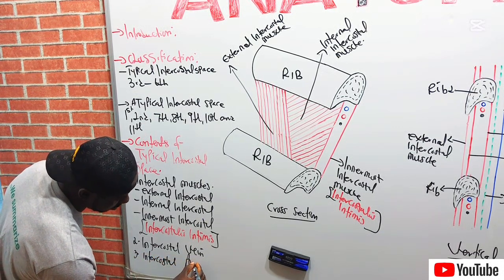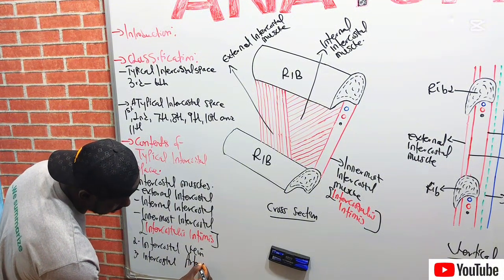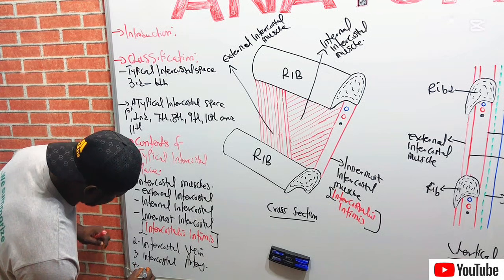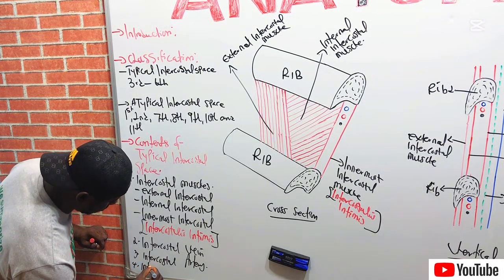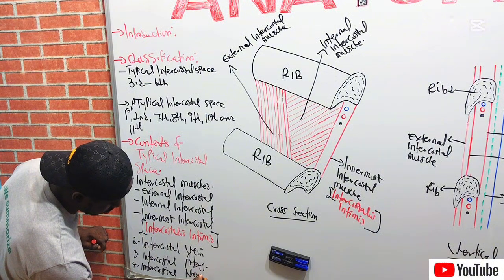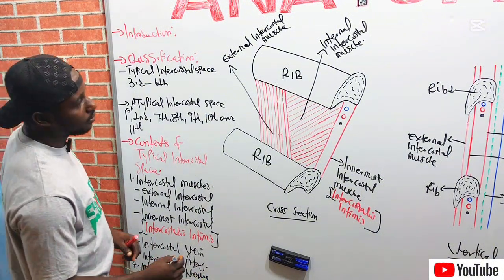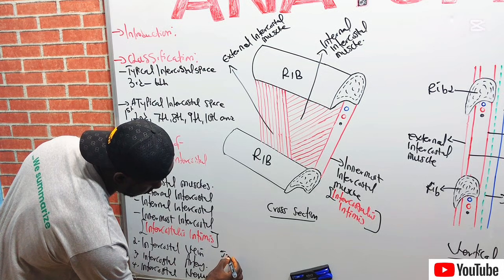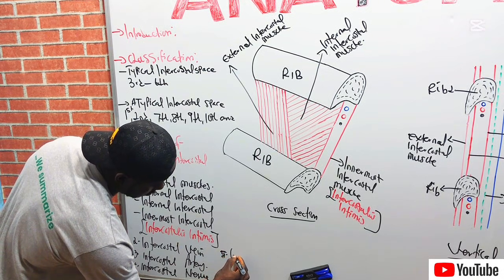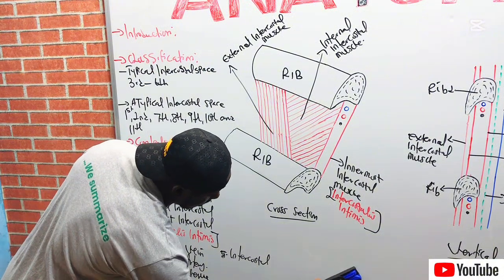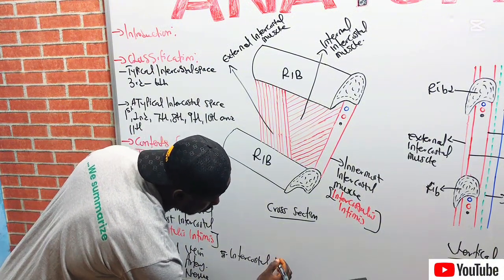Intercostal artery, intercostal nerve, the number 5, intercostal lymph vessel and lymph node.